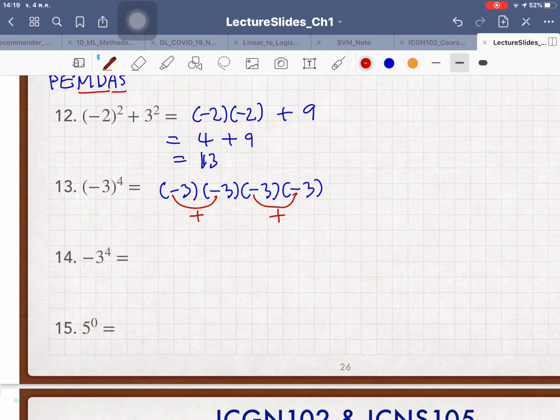So the answer needs to be a positive number. And then you have 4 terms of 3, so you're going to get 3 to the power 4. When you multiply 3 and 3, you get 9. 3 and 3 again, you get 9. And then 9 and 9, you get 81. So that's the answer.